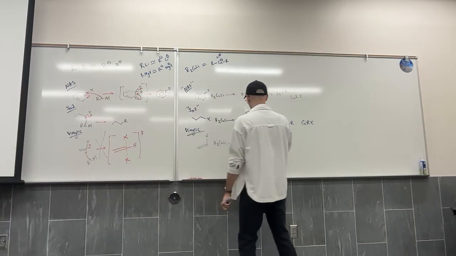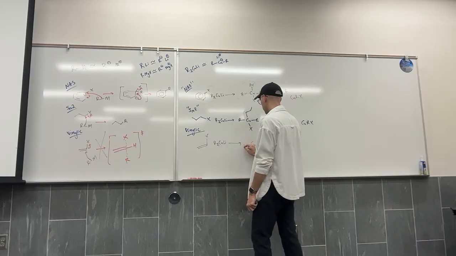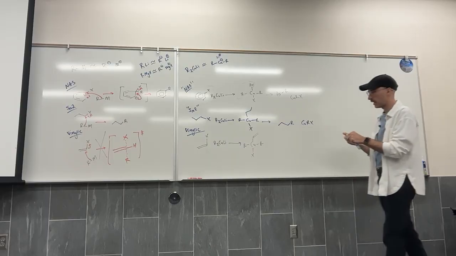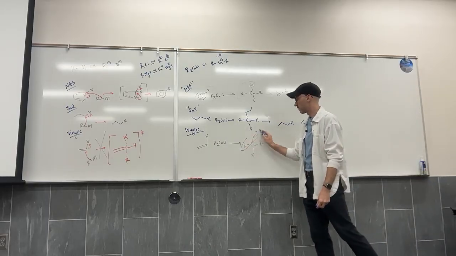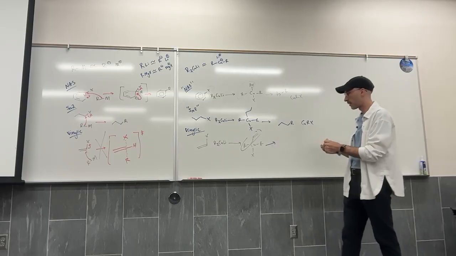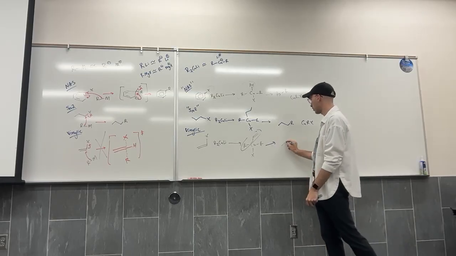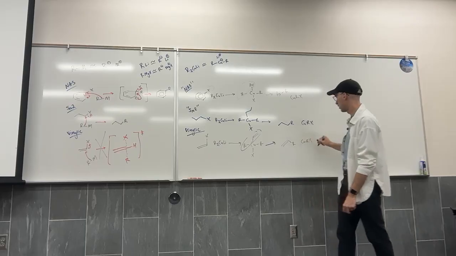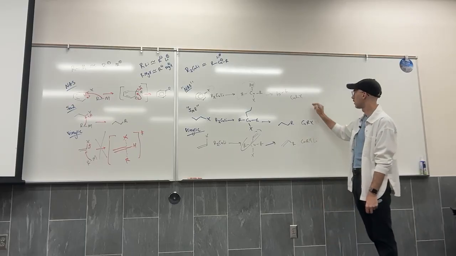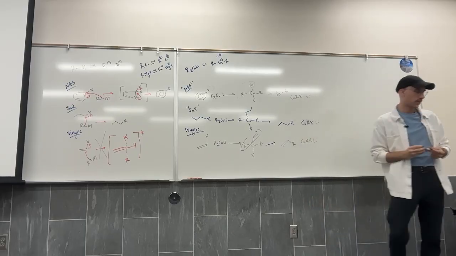What it can do instead is just pull apart the alkene and the halide without changing anything about their stereochemistry or their regiochemistry, and then it can kick off a new combination.